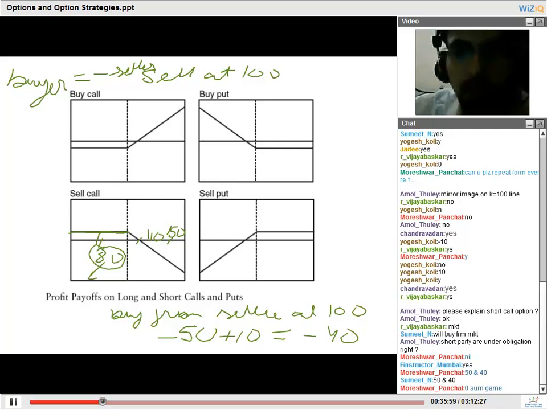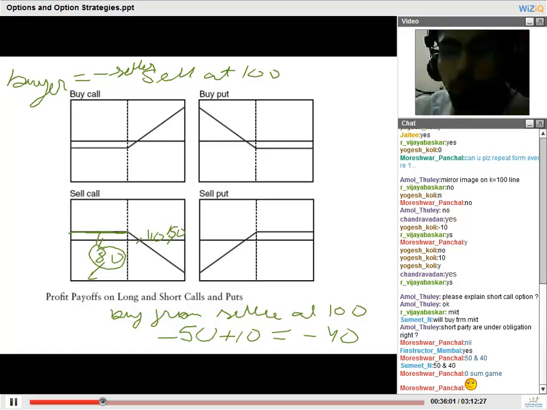Let's understand the payoff for a short put position. In a put option, I have given the holder or the buyer of the option the right to sell the asset to me at a pre-decided price of 100.